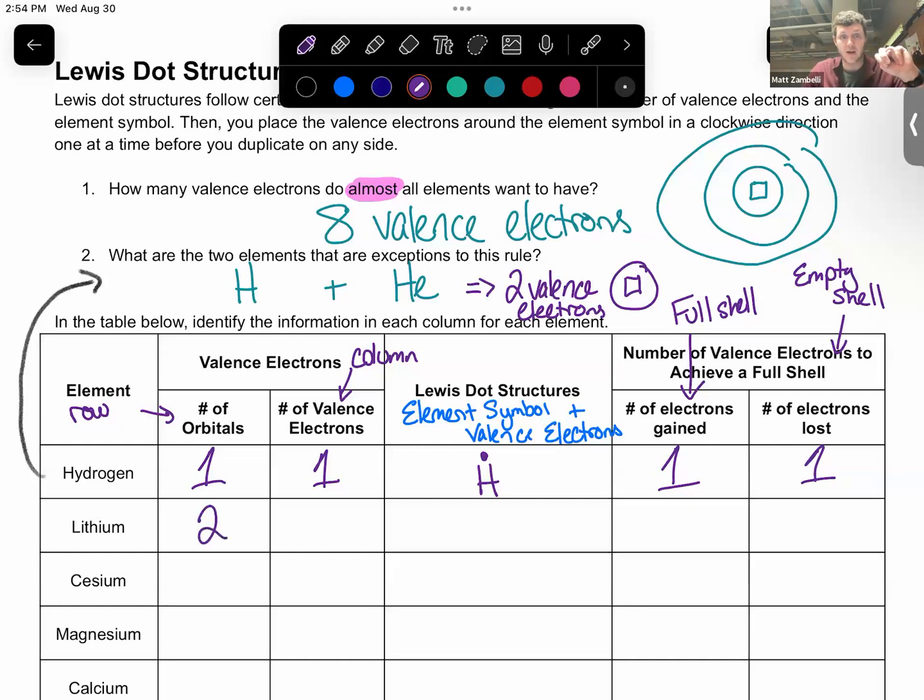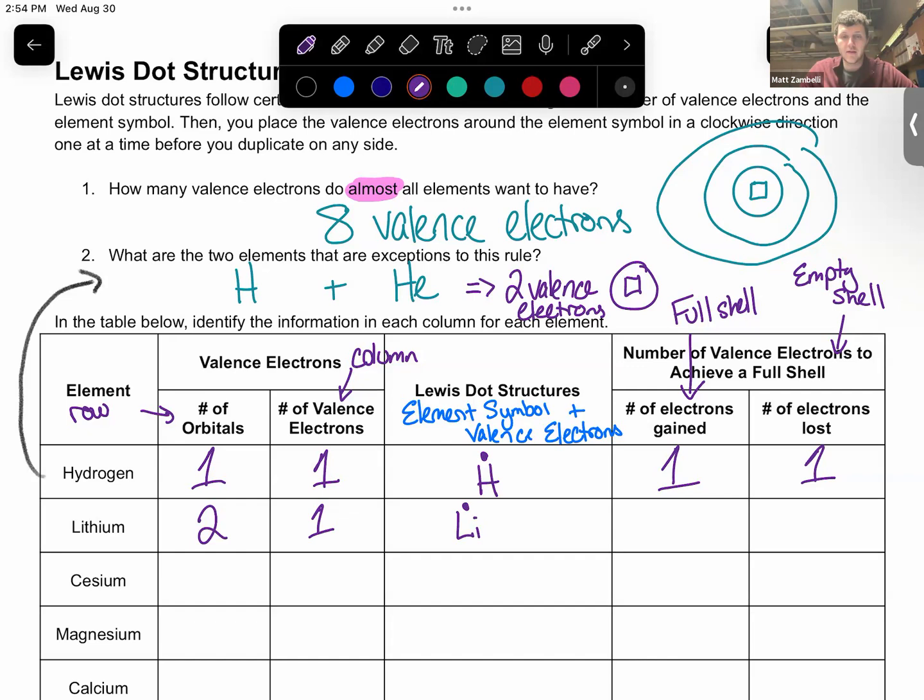But it's still in that first column of our periodic table, so it still only gets 1 valence electron, just like hydrogen. So lithium, again, is Li, and since it's only got 1 valence electron, we only put 1 dot on our element.